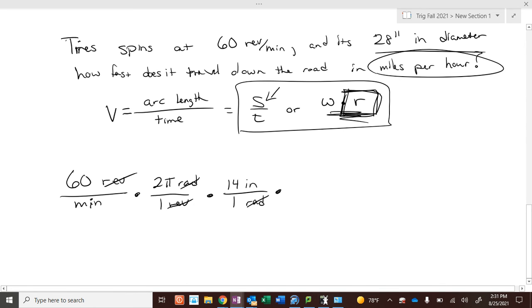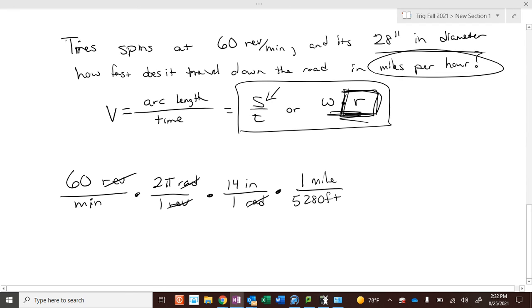You need to memorize the fact that there are 5,280 feet in 1 mile. Oop, I need miles on the top. Come on, Mr. Bierschbach. In 1 mile, there's 5,280 feet. Oh no, nothing canceled.